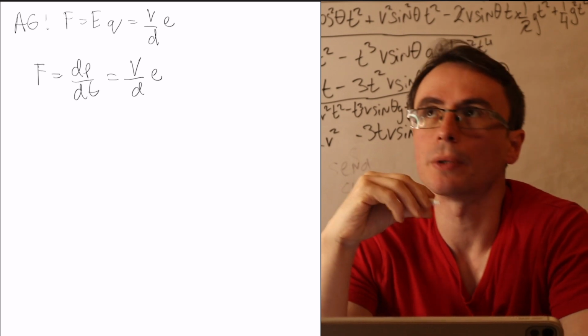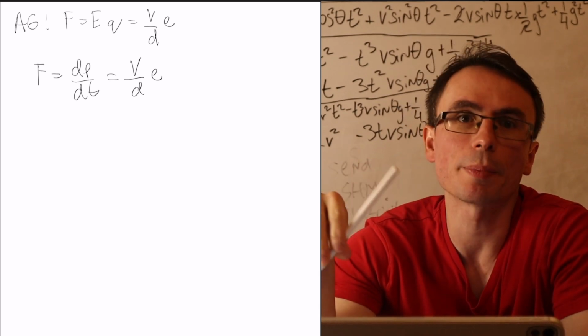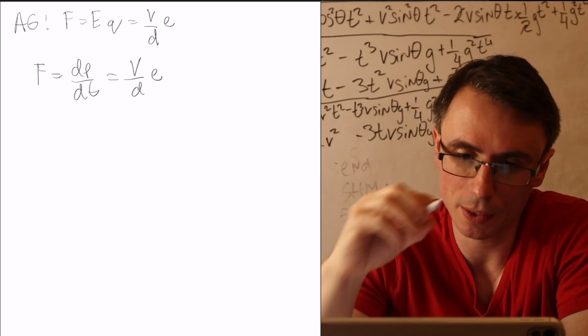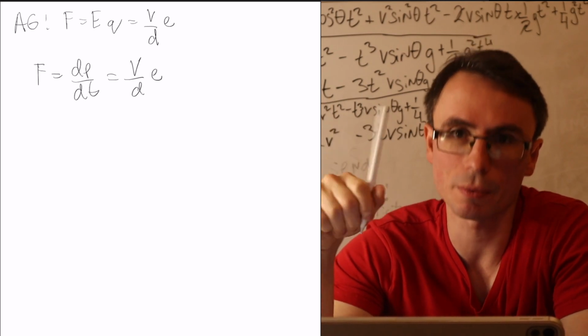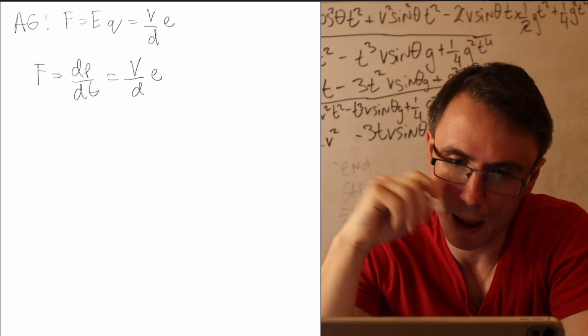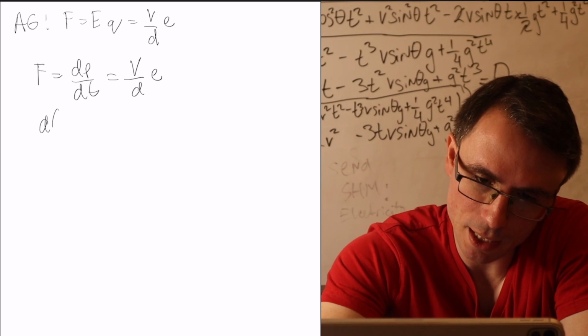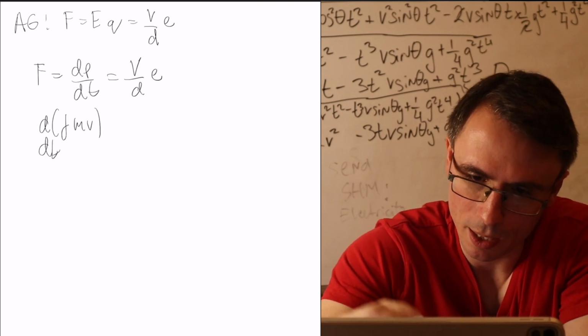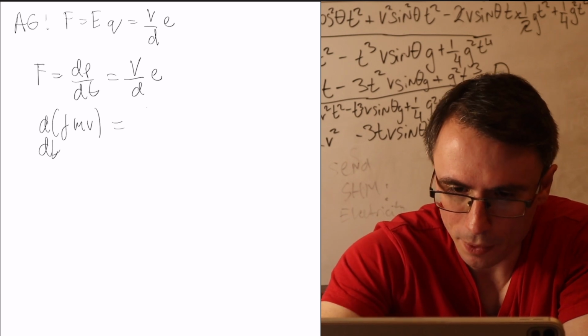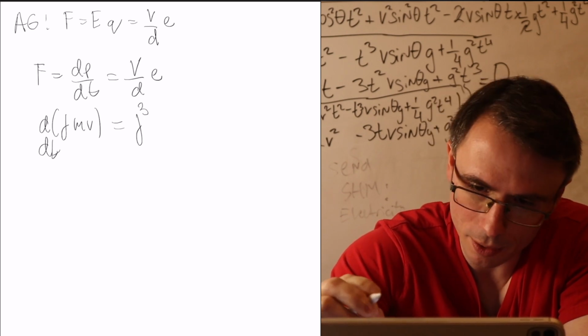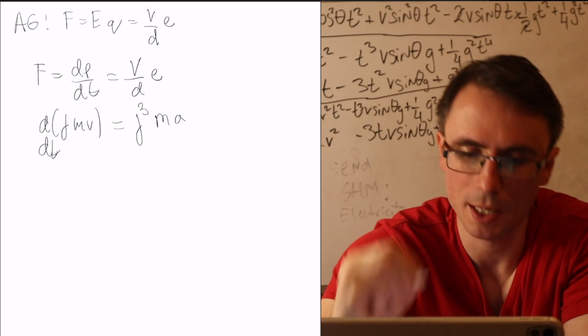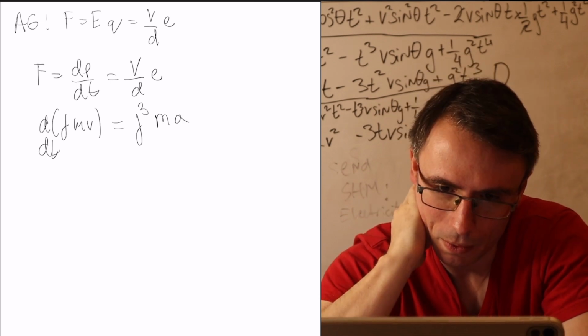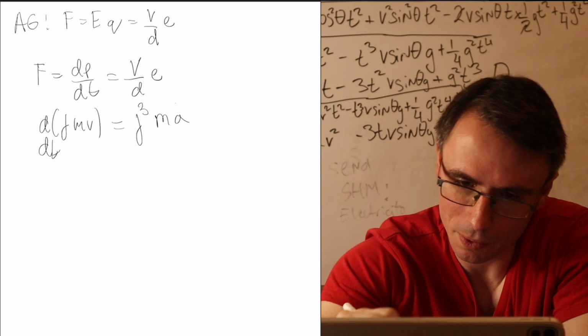Pretty sure I remember the result from relativity. It's also appeared on the Asian Physics Olympiad in one of the questions which I filmed previously. But d(gamma mv)/dt is actually, if I remember correctly, gamma cubed ma. Okay, so let's see, can I use this result here somewhere?